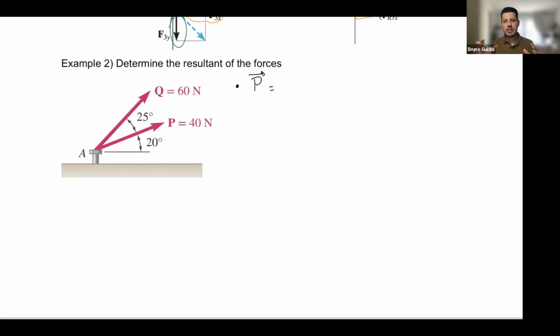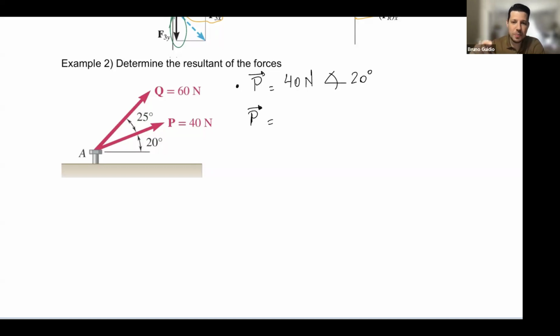What is the polar notation for this vector? Meaning, what is its magnitude? Magnitude, 40 newtons, everybody agree? What is the angle? What is the direction of this vector? 20 degrees. Okay, so far so good. Now, how can I write this vector in Cartesian notation?